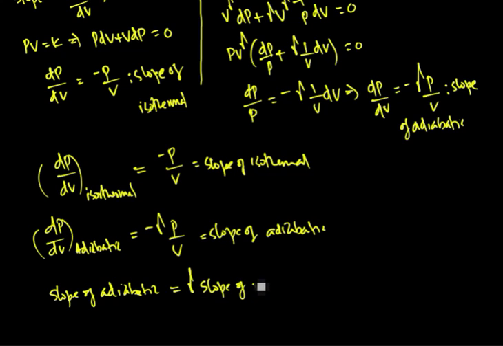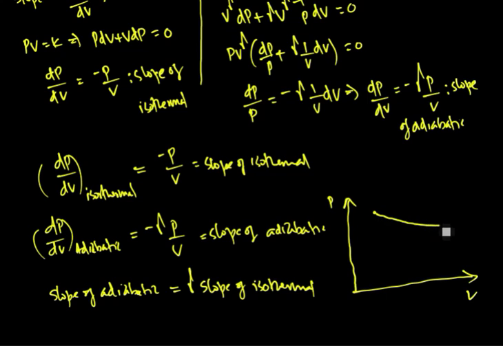So if we draw these two processes, adiabatic and isothermal, on the same PV diagram, then the adiabatic process will have a much bigger slope than the isothermal process.